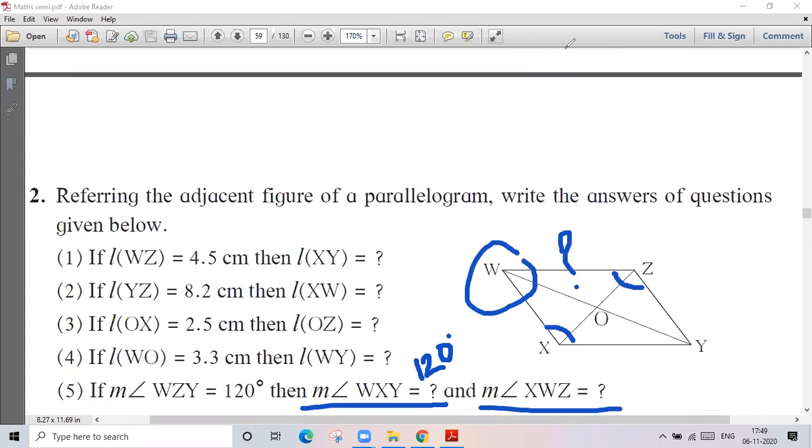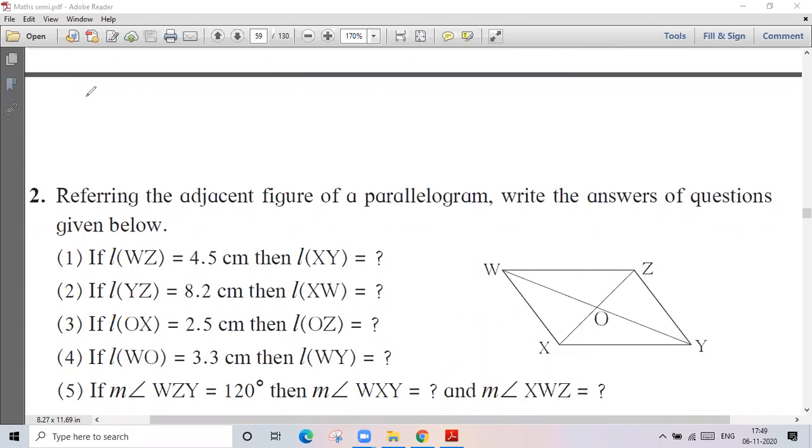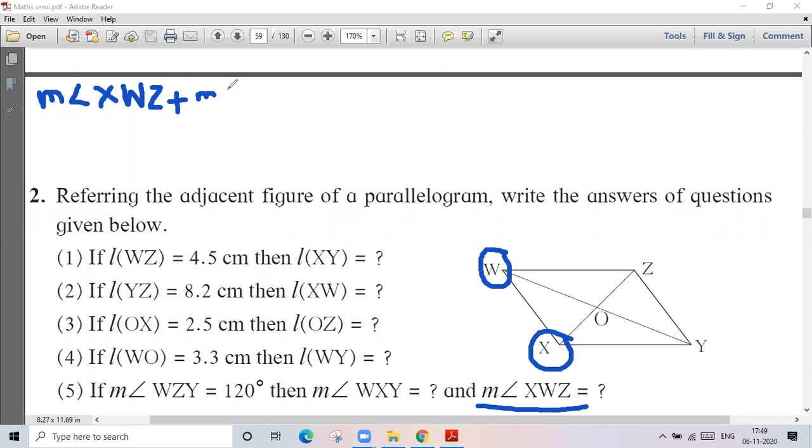So you know very well that the adjacent angles of a parallelogram are supplementary. That means measure of angle XWZ plus measure of angle XWY is equal to what?